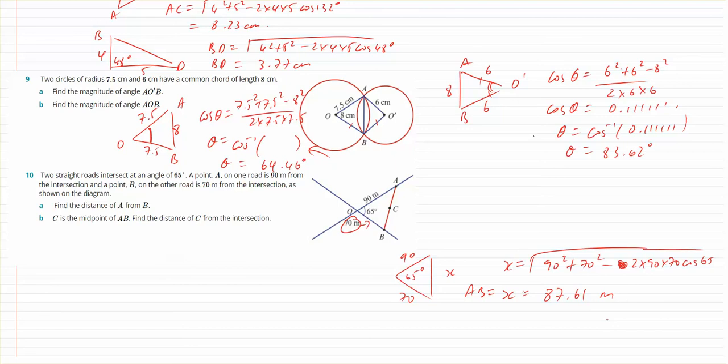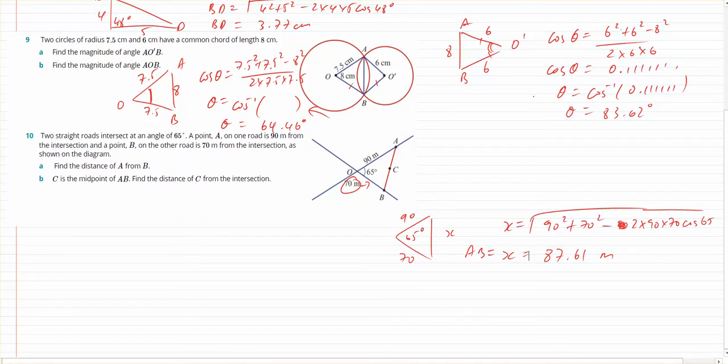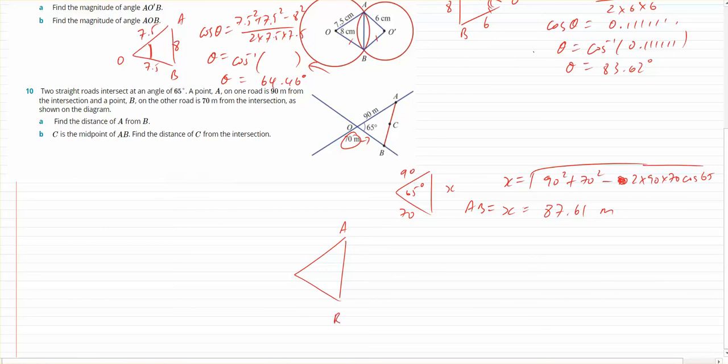So the trick of this question is I need to redraw the triangle. So we've got A here, B here, C's over here, I've got O. We know that's 65 degrees. I need to find the angles here in order to use it for my calculations.